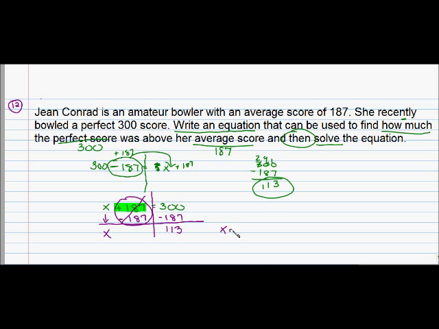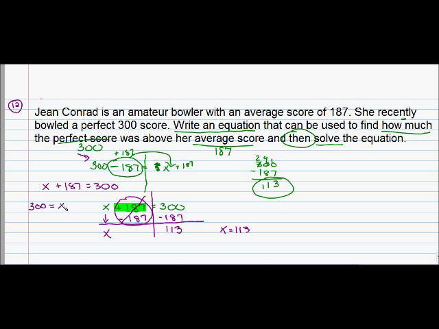Now, if you wrote the equation like this and left it like that, as a teacher, I would mark it wrong. The reason being is because we're looking for a variable to solve. So a variable plus 187 equals 300 would be acceptable. Or if I want to switch sides, I could also have 300 equals a variable plus 187.